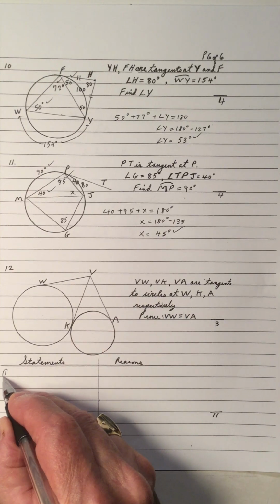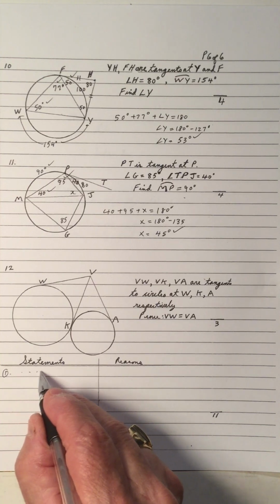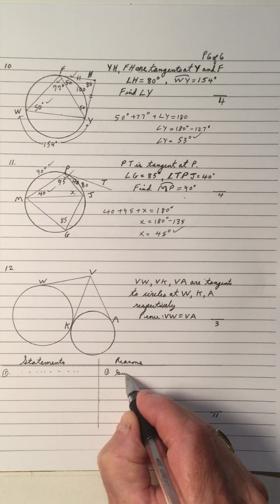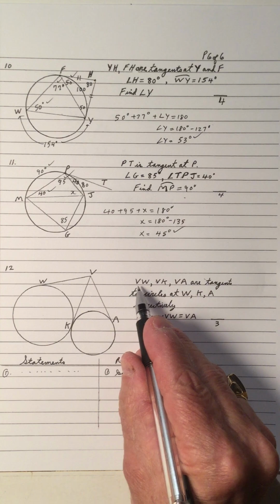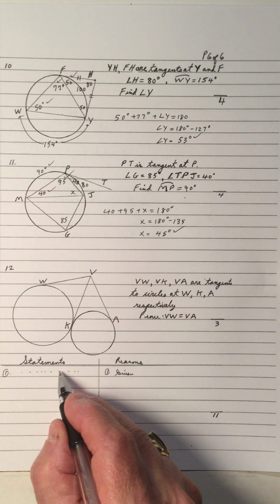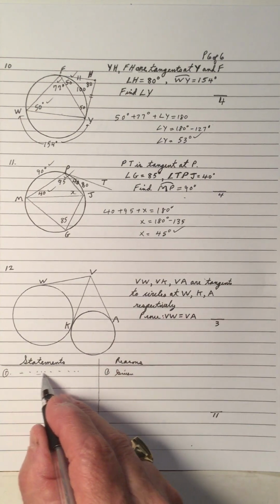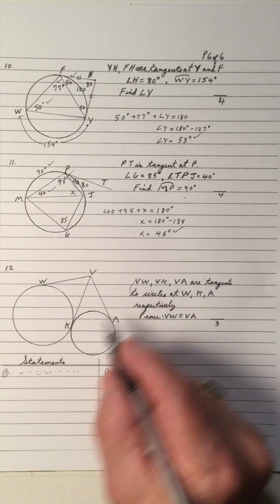So number 1, we have to write, so to save time, all these are written down. VW, VK, and VA are tangent to the circle at W, K, and A. That's what goes there. Save time. This is written in here.